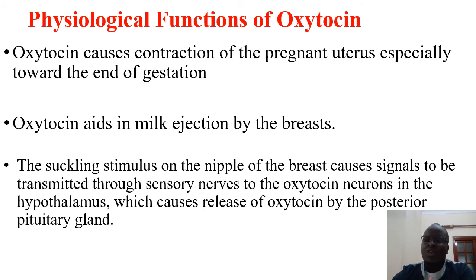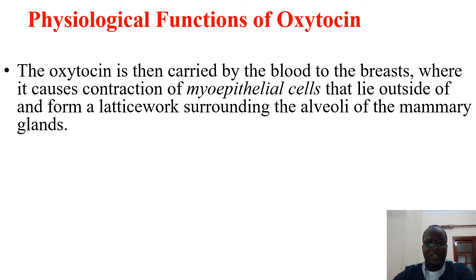The oxytocin now will be transported by the cardiovascular system to the myoepithelium in the breasts. There we have oxytocin receptors, and those will now cause contraction. Then milk will be expressed via the nipples. That's what is going on there.